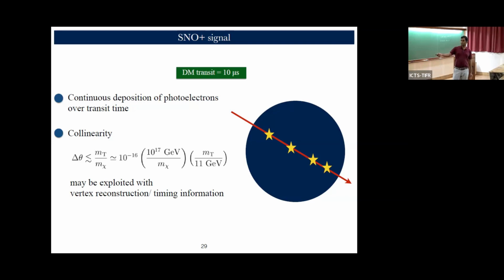The angular deviation would be really small, at the level of 10^-16 or something. So for all practical purposes, it would be a very collinear track with continuous deposition of energy. And since these experiments have excellent timing information, which leads to good vertex reconstruction, you could exploit this to look for multi-scattering dark matter and hence do actual direct detection.